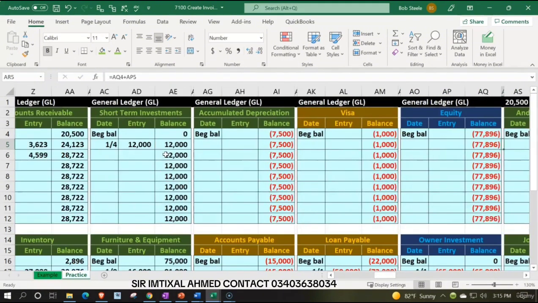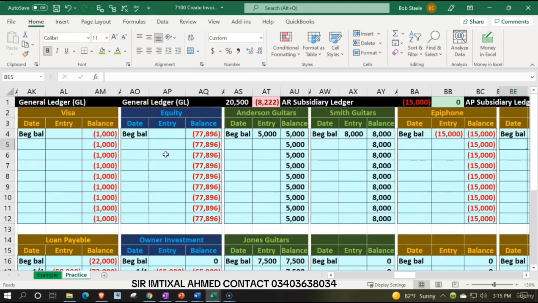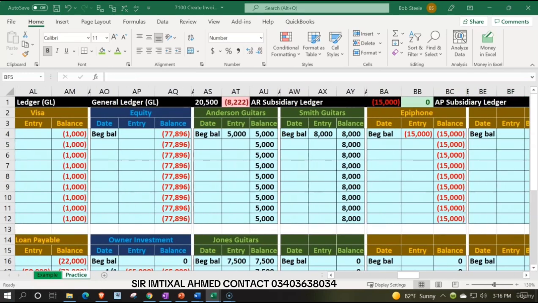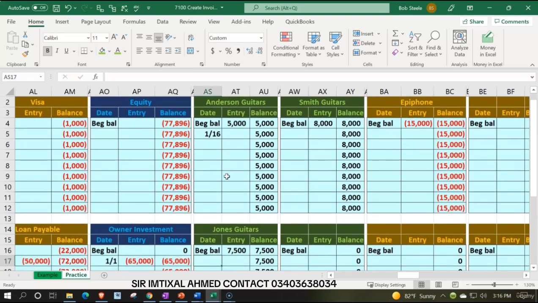We also have to record those in the subledger for who owes us money now, because it's a receivable account. So we got to go into the subledger way over here and say, okay, which customers are we dealing with? Now I'm way over here in AS5. On 116, one of them was Anderson, and the other one is Jones down here. That's the 117 one.